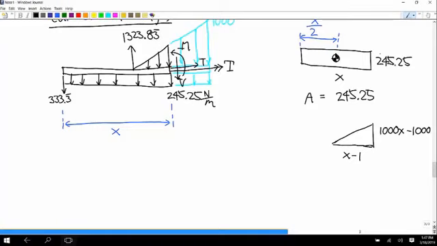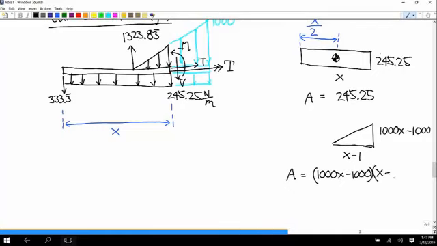Look, you can already see how ugly this is about to get. So the area of this triangle is 1,000x minus 1,000 times x minus 1, all halved.